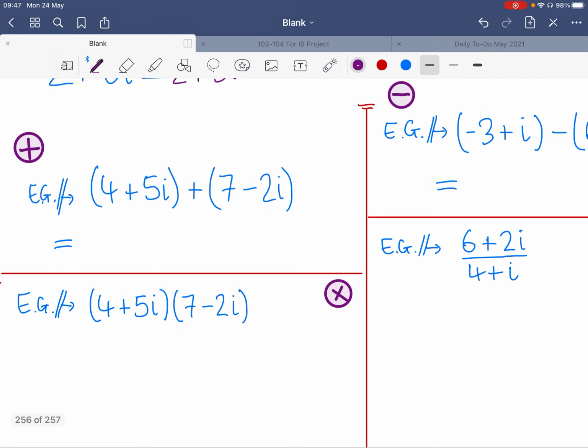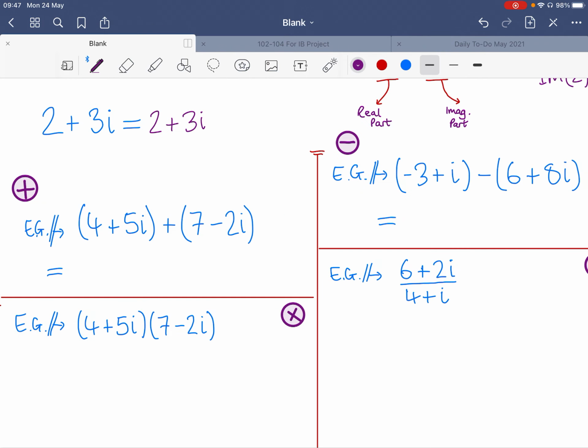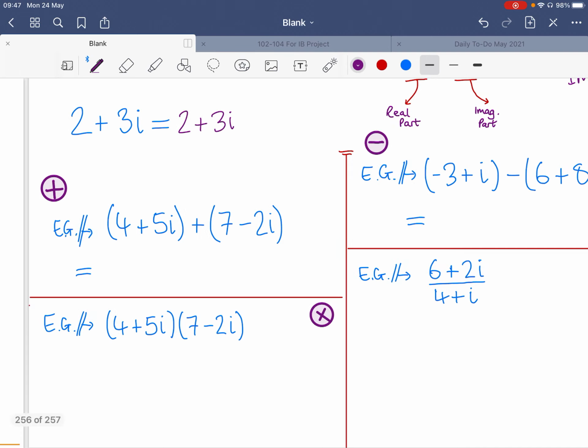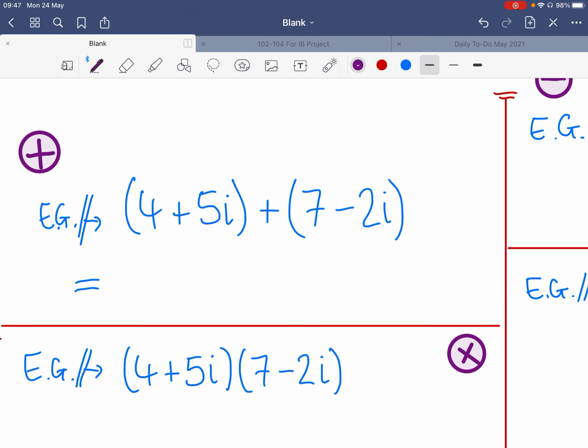Now quickly, how do we add, subtract, multiply, and divide complex numbers? Well, you can think of this almost exactly as if i was just your variable. As if this was 4 plus 5x plus 7 minus 2x. You would just combine the x's, you combine the numbers, and you do the same here.